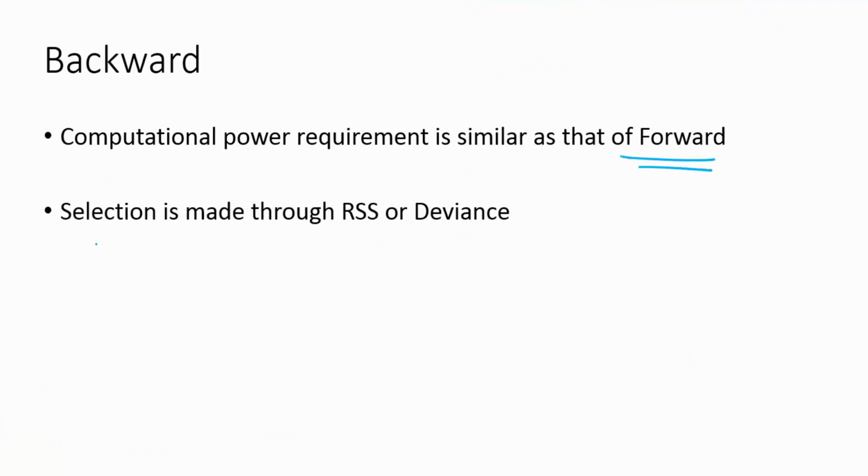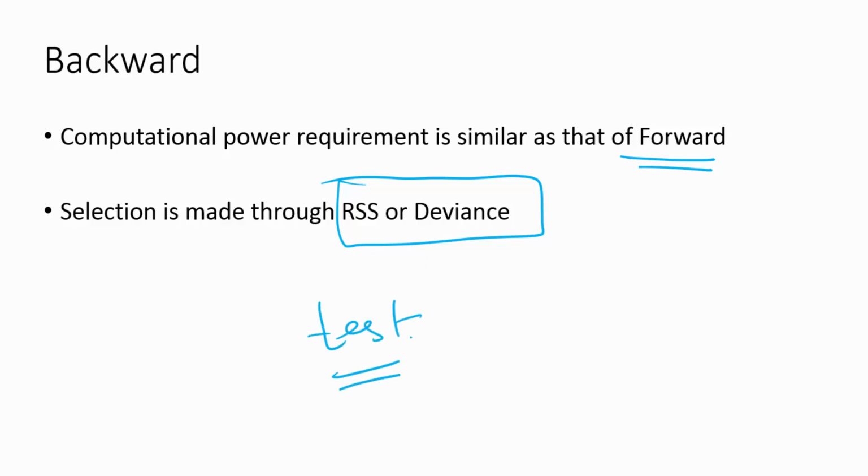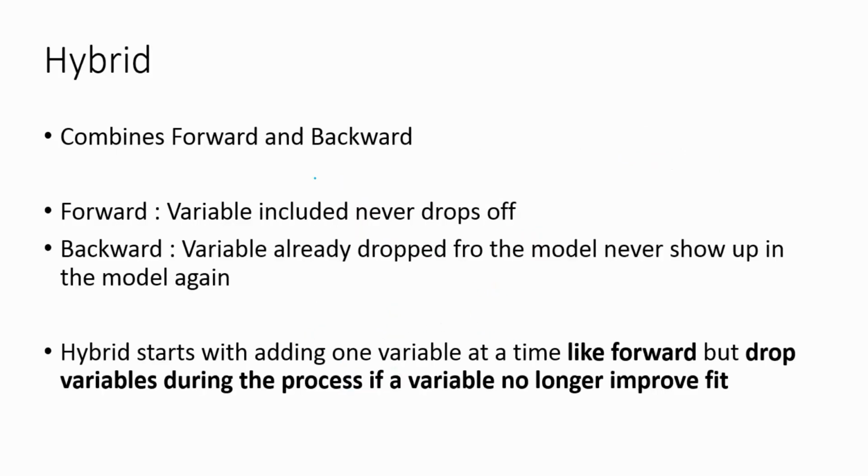Okay, and the selection method is through RSS and deviance that we have discussed. And the comparison between forward and backward is that you have more choices now. You build a model with the backward approach, you build a model with the forward approach, then you take the final model from backward and the final model from forward, and do cross validation with test data and see which one gives you the best prediction, and take that as the final model.